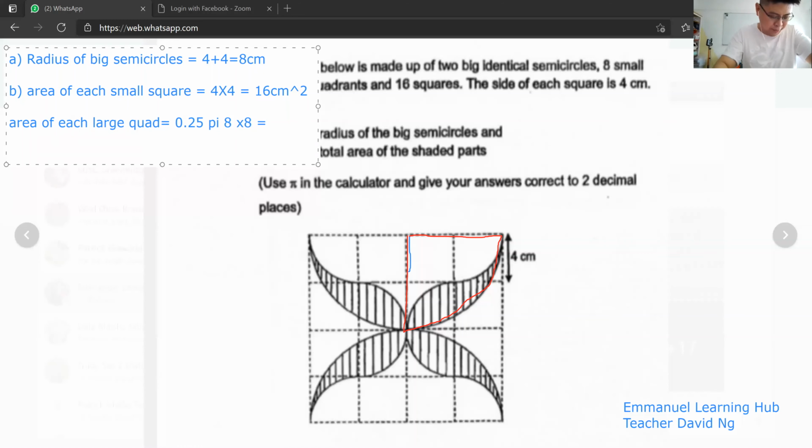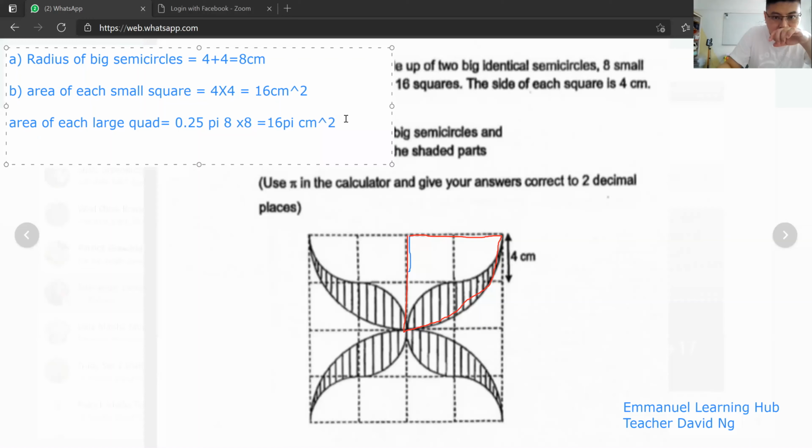So 16 pi cm square. That is your area of each large quadrant.